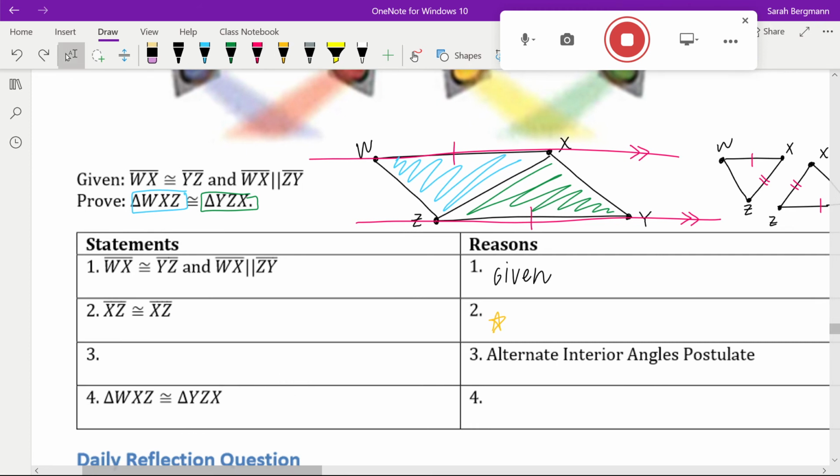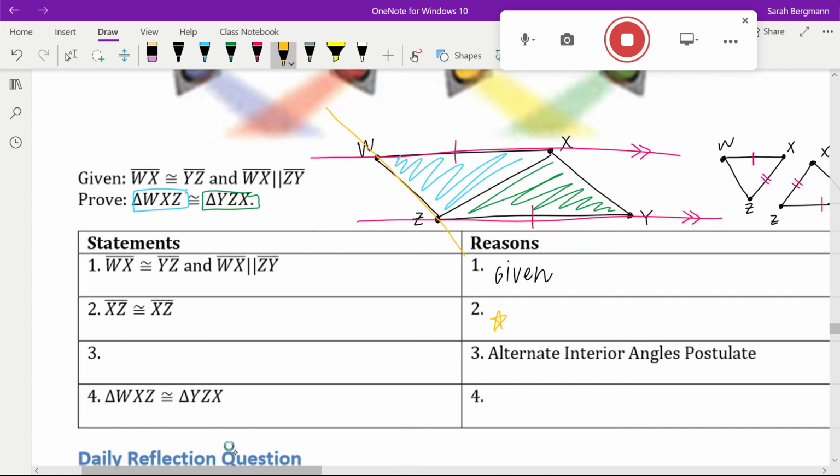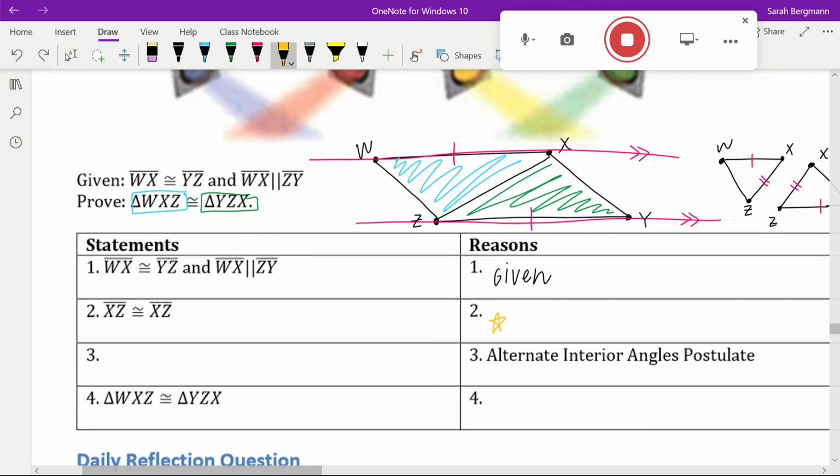Next, it says to use alternate interior angles postulate. So if I'm looking at this, I'm going to try to decide which transversal do I want to look at. This transversal, if I'm looking at alternate interior angles, it would either be this angle and this angle, or this angle and this angle. Either way, both of those angles are not in the triangle.